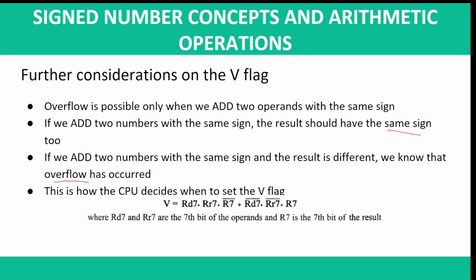So we have digit 7. So the basis for the CPU to decide when the V flag is set is, first, V is equal to the digit 7 of the register D7 ANDed with the source and the destination register, yung katong first na part.